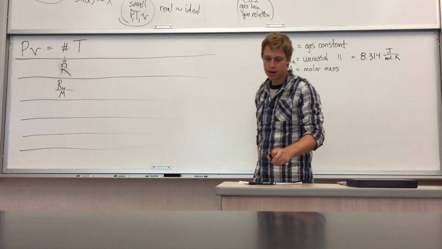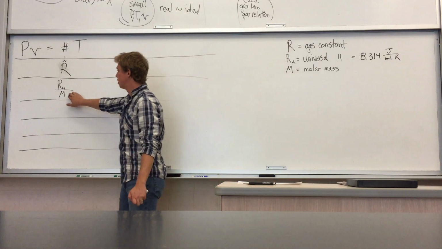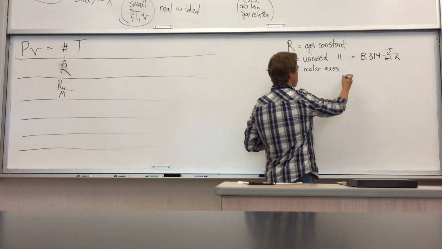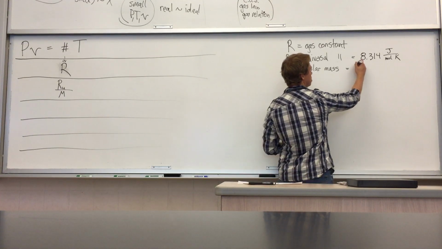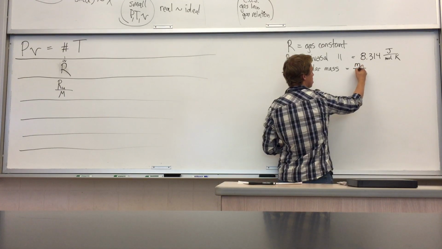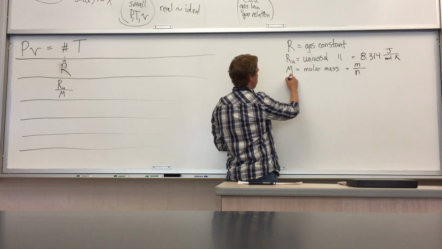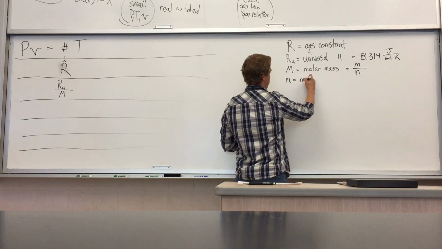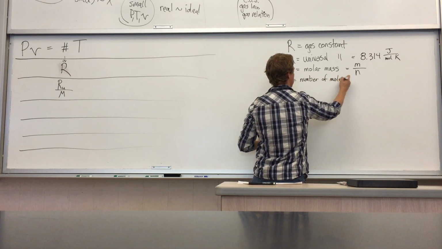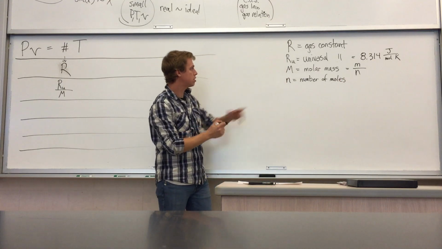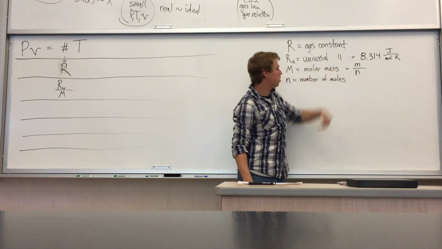So then what people realized they could do is this molar mass here can be written, remember what it was, mass per mole. Lowercase n is the number of moles. Okay, so if n is the number of moles, the molar mass is m over n.